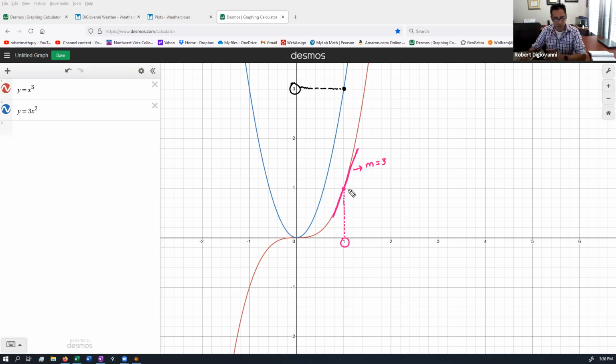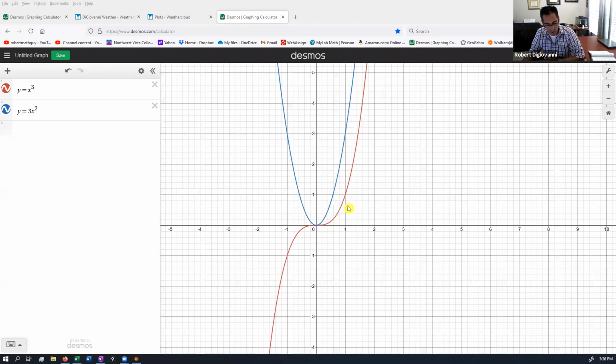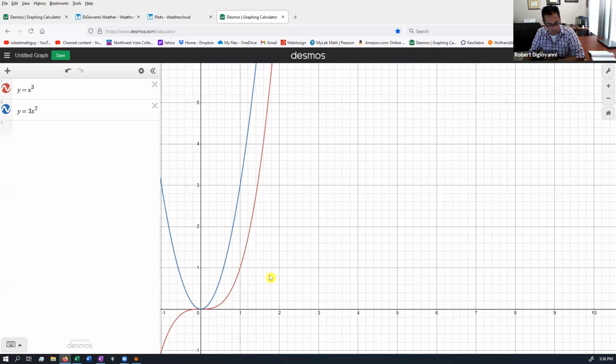Let me do another one. Let's pick another point. It's kind of a crappy function to look at for this, but I'll try it. Let's go with 2.